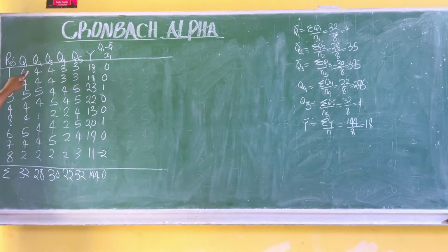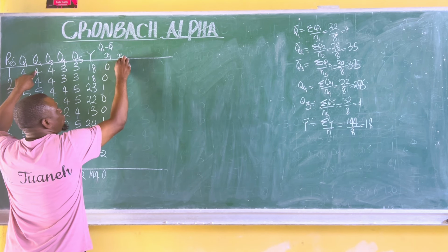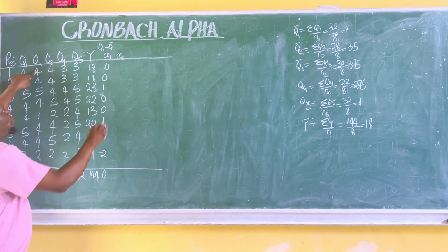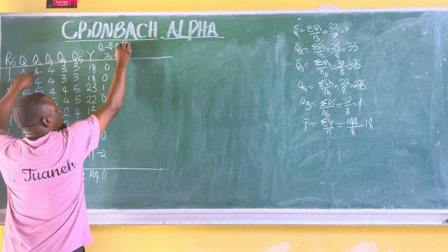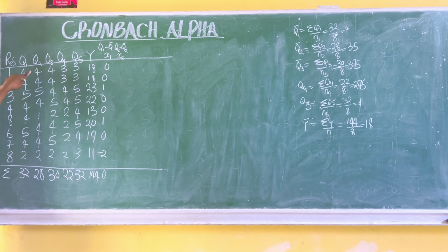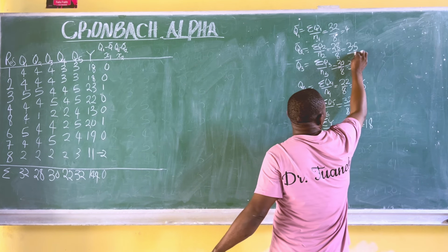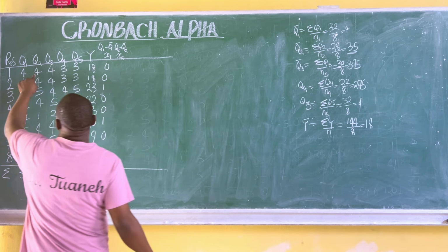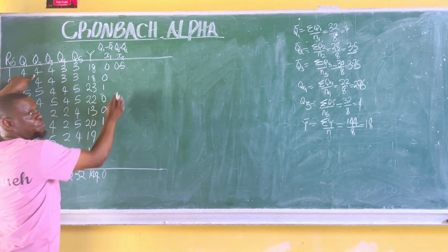Now the next is to create another column and call it x2. Now x2 will be our q2 minus q2 bar. What's q2 bar? q2 bar is 3.5. So 4 minus 3.5 will be 0.5.